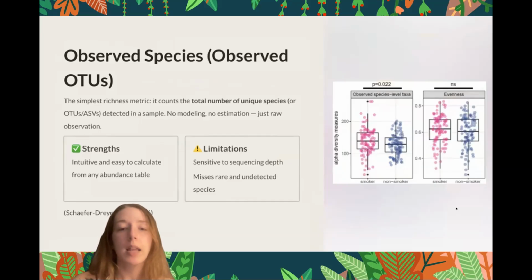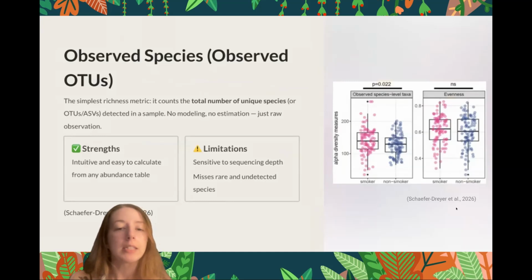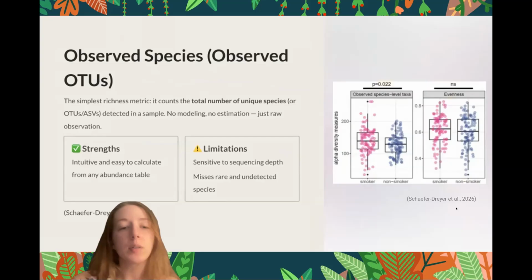One of the metrics we can look at, a very simple one, is the observed species. And so this is looking at simply the number of species, the number of OTUs, the number of ASVs, not really modeling or estimating, but rather just a raw observation. It's in this way intuitive, easy to calculate, but also is very sensitive to that sequencing depth, as I mentioned before, and also doesn't take into account any rare undetected species that other metrics are able to do.